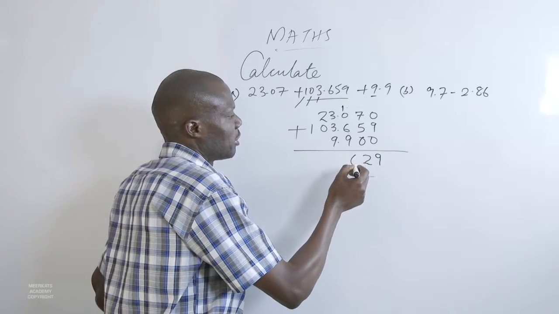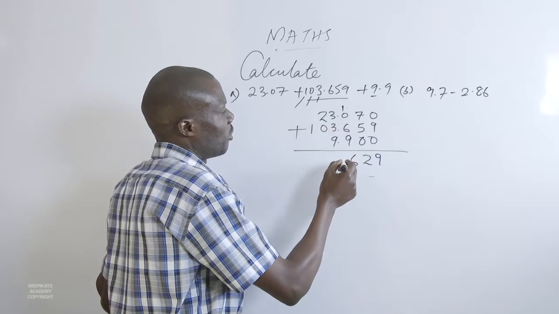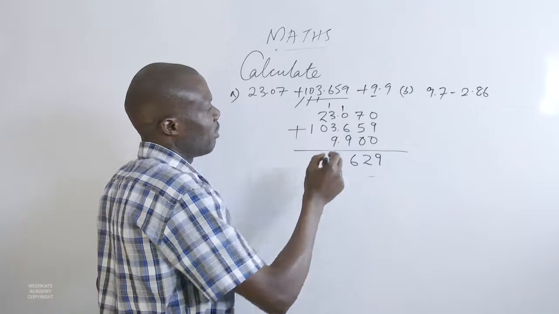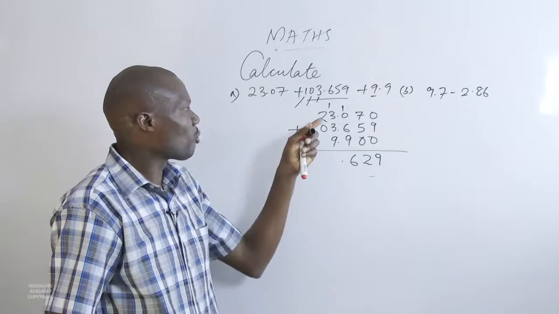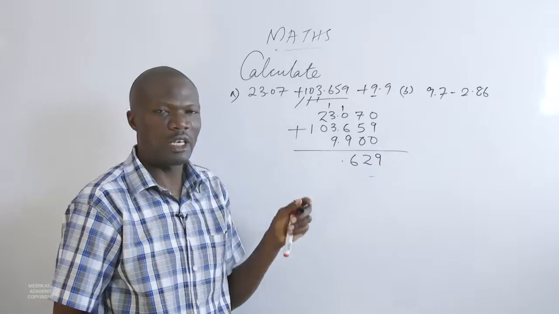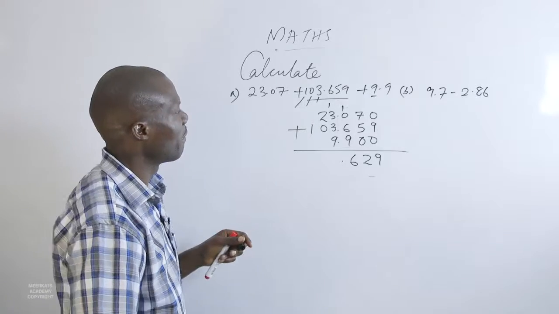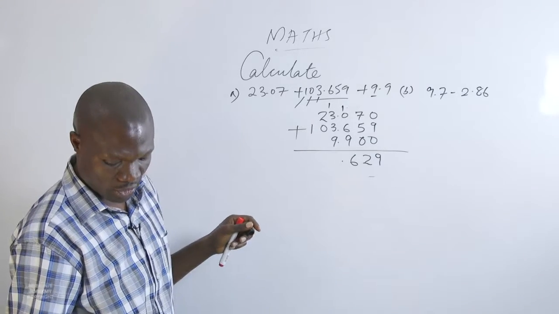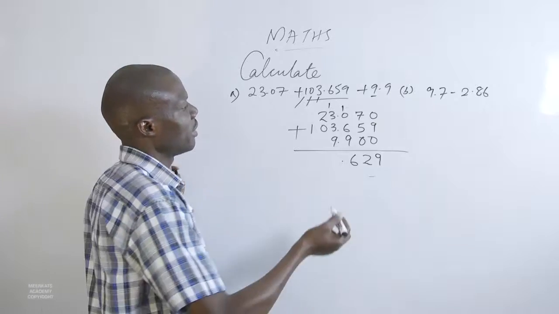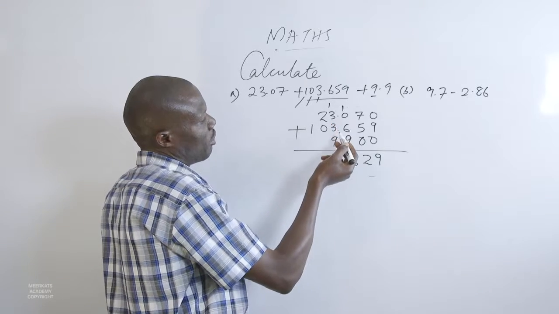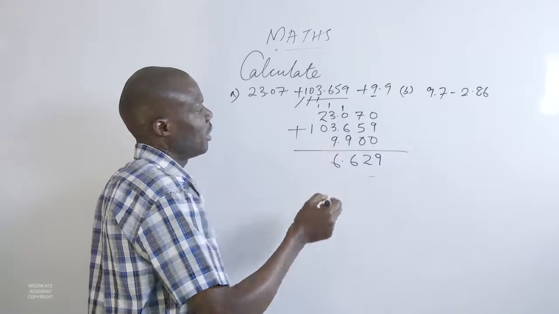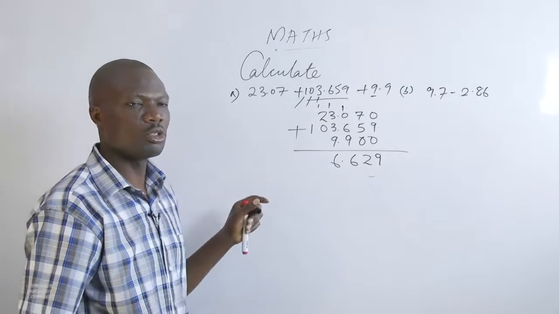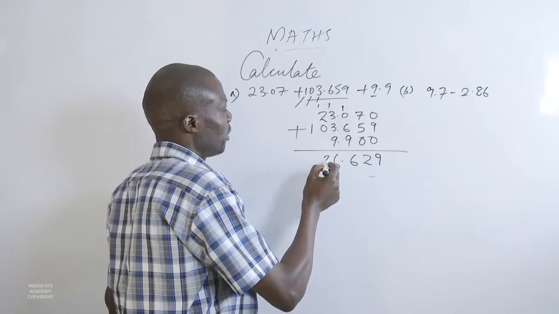We write 6. The decimal should follow here, but we carry 1 because of 16. 1 plus 3 plus 3 plus 9 gives us 16. That is 4, 7, and then 16, carry 1. 1 comes there. 1 plus 2 plus 0 is simply 3.